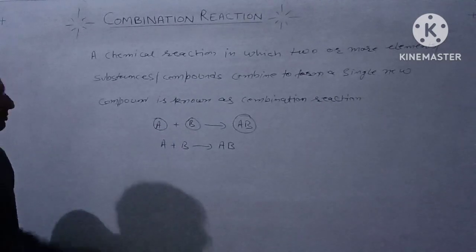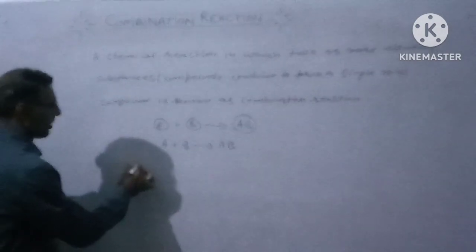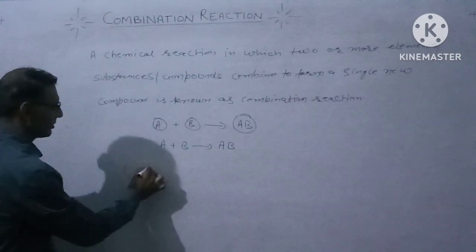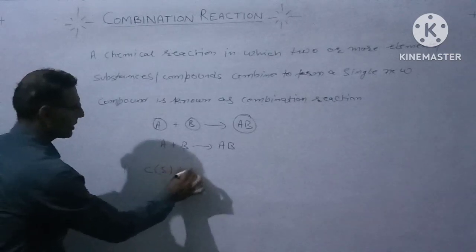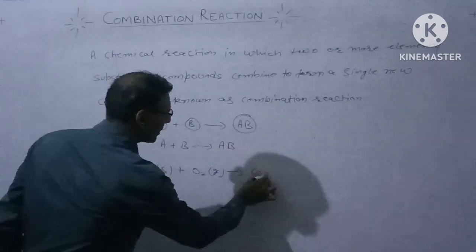Now take some examples. First example, burning of charcoal: C plus, in the presence of oxygen, to form carbon dioxide.